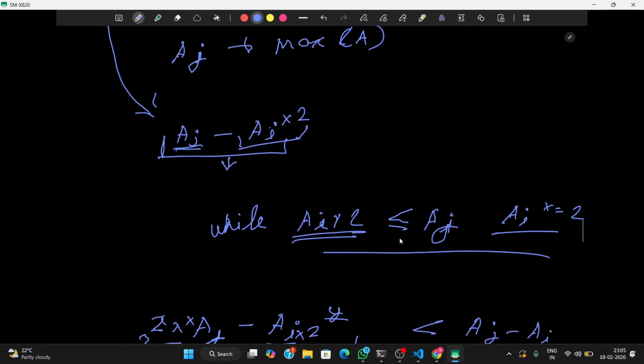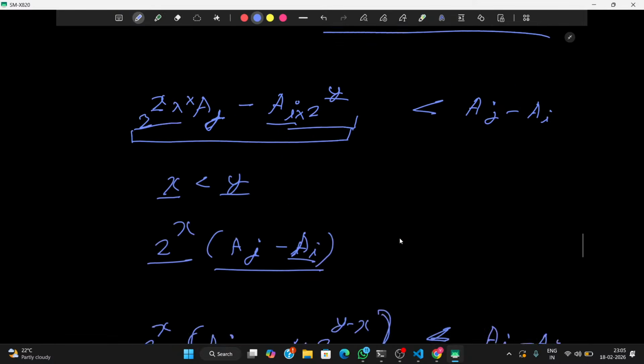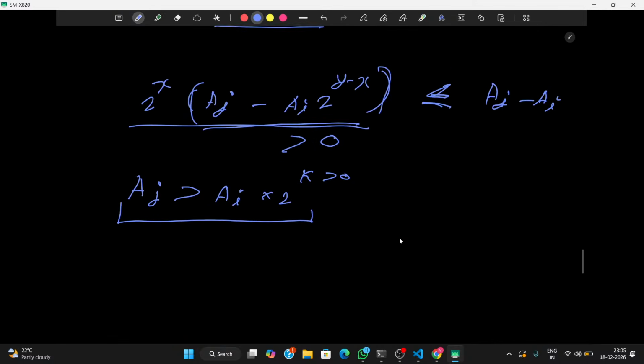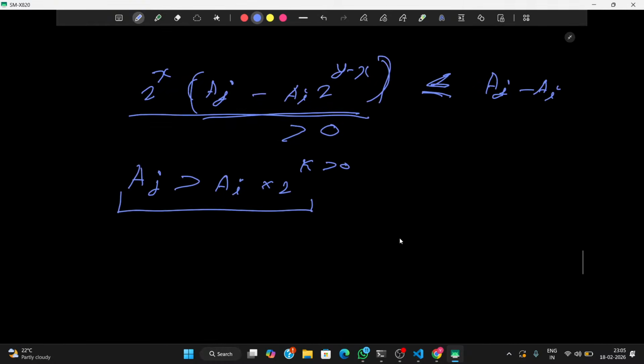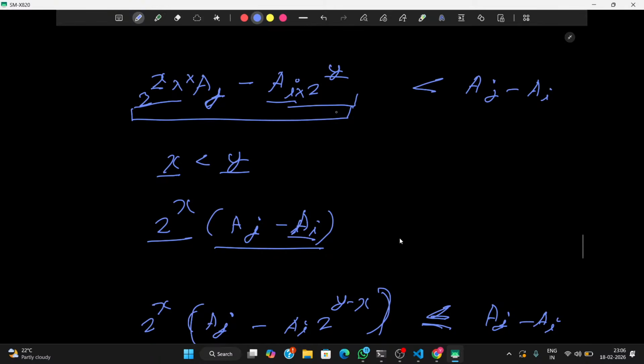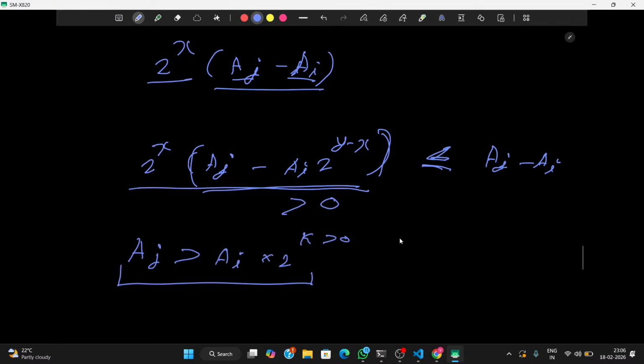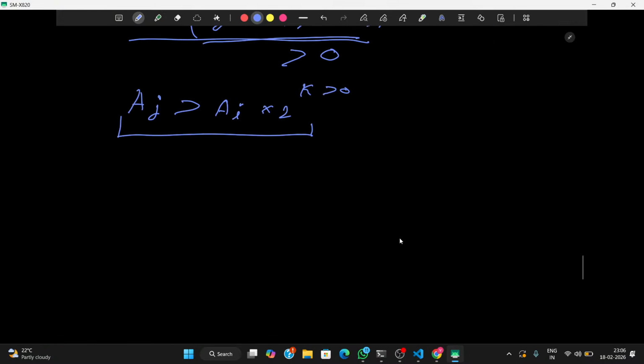But as we can see, it is a contradiction. So for any ai and aj, if you want to keep aj as the greater element and ai as the smaller element, you can just multiply ai by 2 and bring it closer to aj as much as possible.